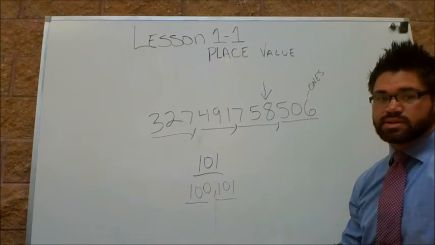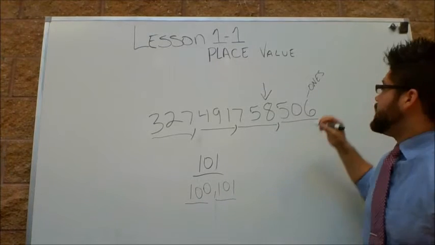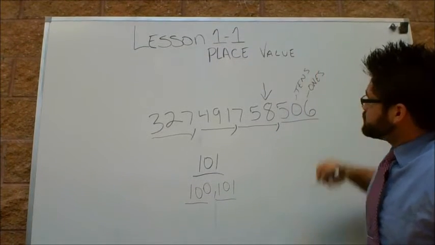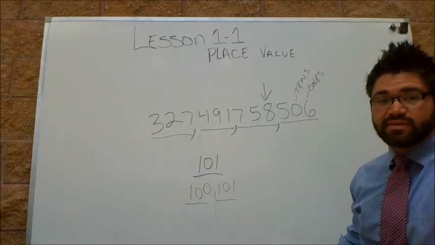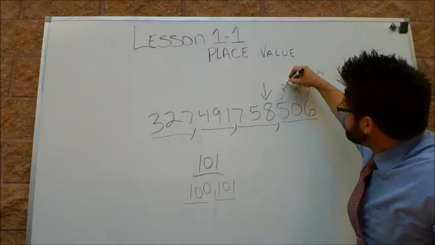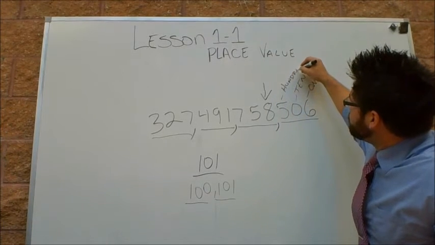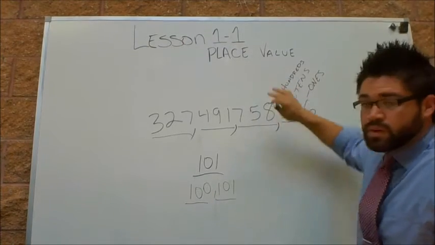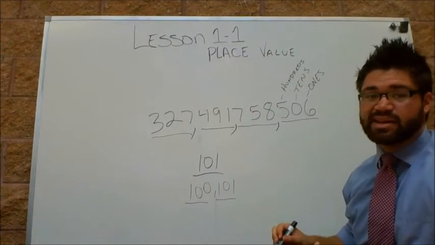So we have the ones, the 0 digit, this is in the tens. Now we're looking at the 5. What place is that in? The hundreds. We already talked about the 8 here, and the 8 is in the thousands.